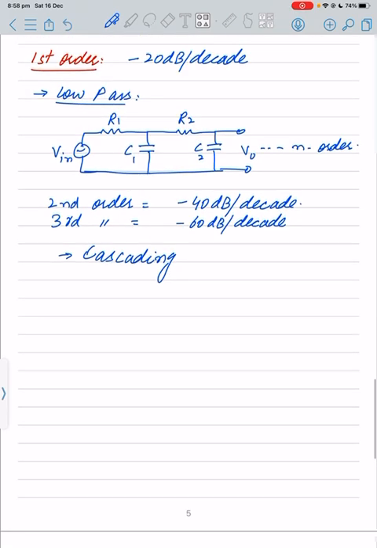So now the other thing that is about its frequency response, जो कि हमने पहले पढ़ा था कि in case of our low pass first order filter, that is actually only minus 20 dB per decade.